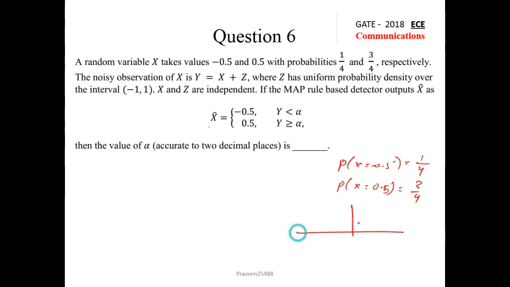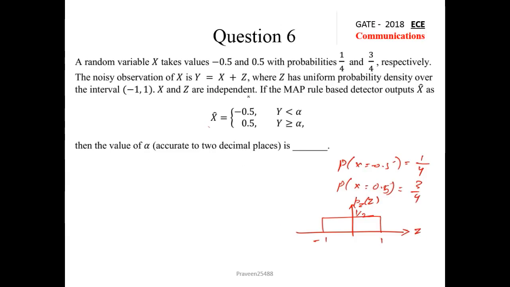This means that if you draw the PDF for this function, it would look like this. It is in the interval minus 1 to 1, and uniform means the area under this curve is unity, that is 1. If it is 1, then its amplitude would be 1 over 2. So this is the PDF of z.